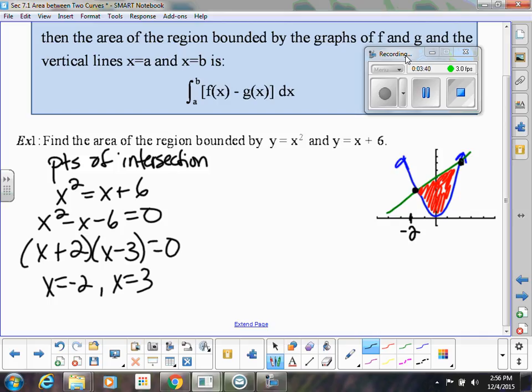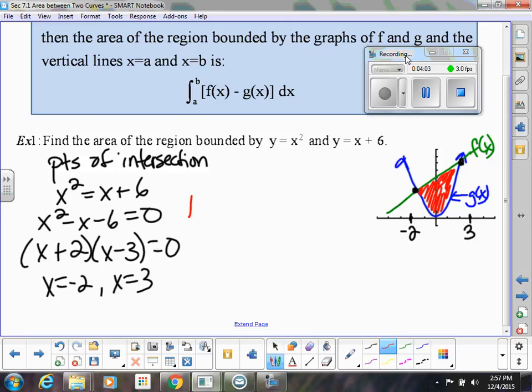So my graph was a little off. And notice that our top curve is always the line, the green line, so that's going to be our f of x. And then the bottom curve is always the parabola, so that's going to be our g of x, our bottom curve. Okay, so let's set up the integral.